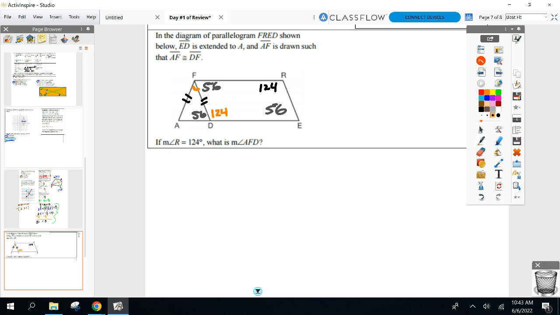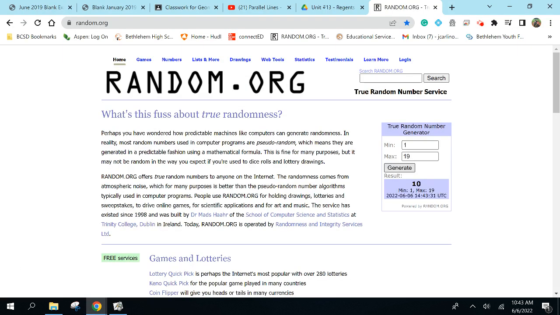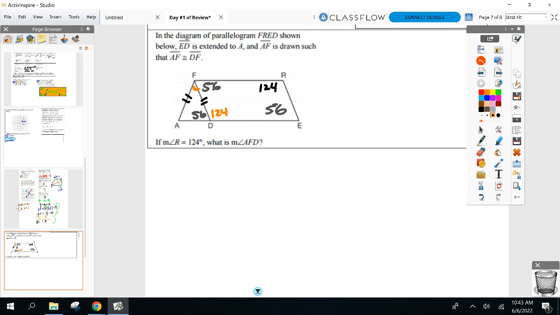Yes, opposite angles are congruent. How about another angle? FAG is 56. In an isosceles triangle, what's across the congruent sides? Congruent angles. And now I think you've found everything you humanly possibly could, except for AFD.